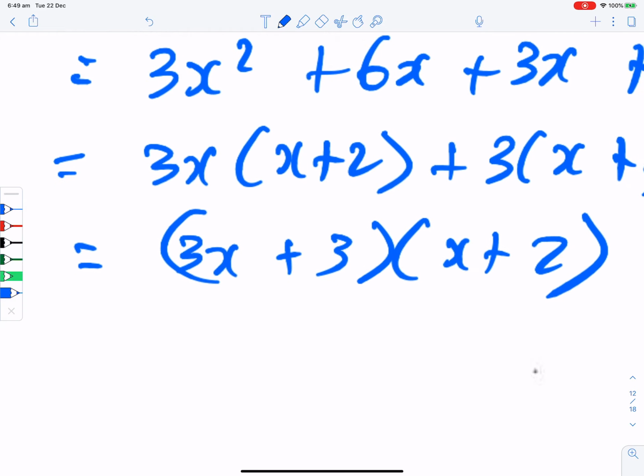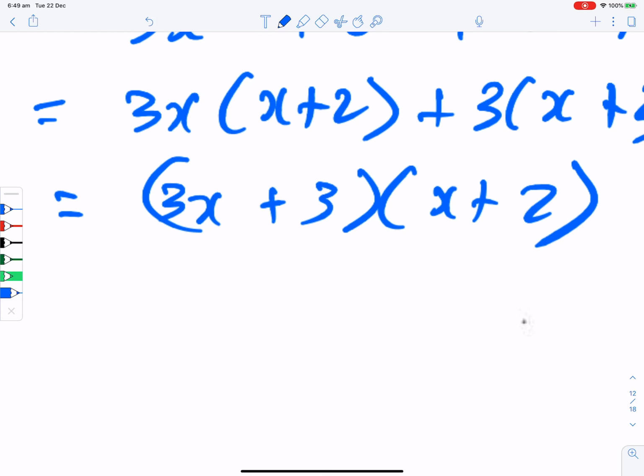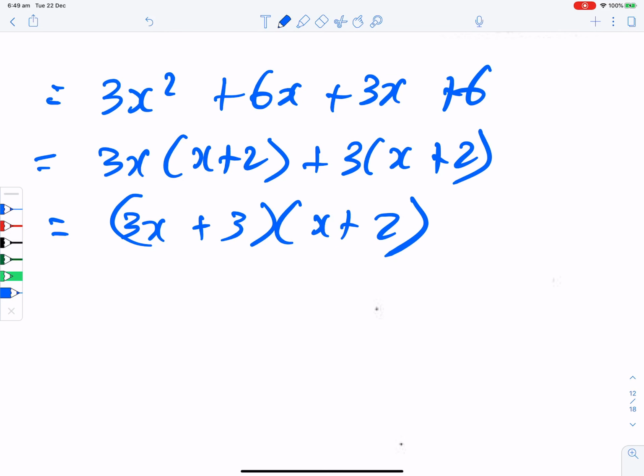So look at your final answer there by using the non-monic. Even though this took longer and was more working, if you stopped here, you'll actually lose marks. Because if you have a look at this bracket, 3x plus 3, there's still a common factor of 3 that can be taken out. So really, if you did PSF and this was your final answer, you would have to take a common factor of 3 out of here.